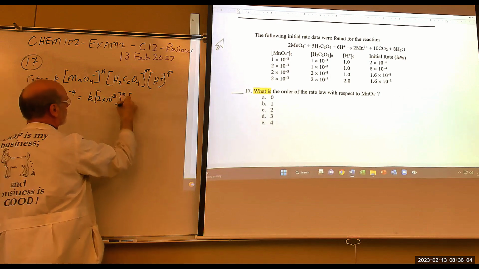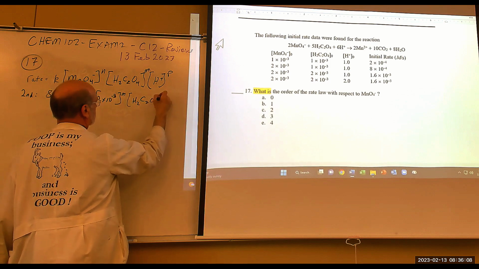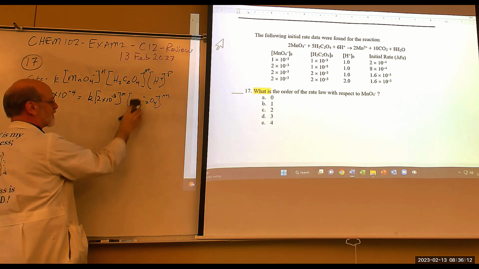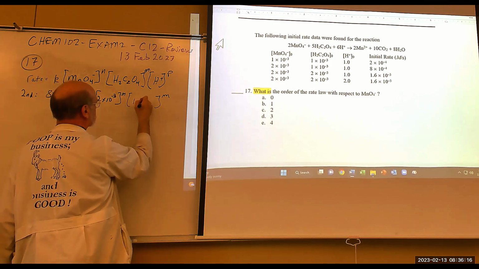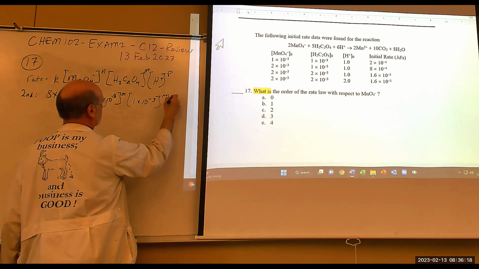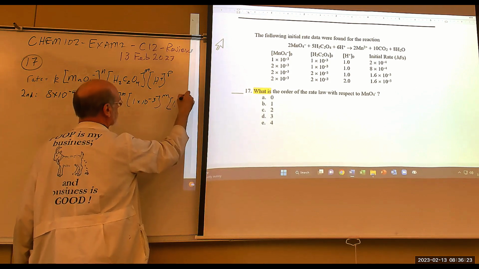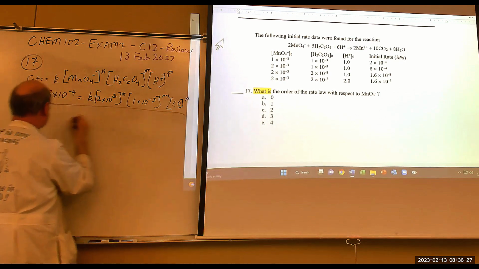There we go. And then we have this one to the m power, and we need a value there too. That's 1 times 10 to the minus 3. And then hydrogen ions is 1, and this is to the p. And then we're going to ratio that second one to the first one.